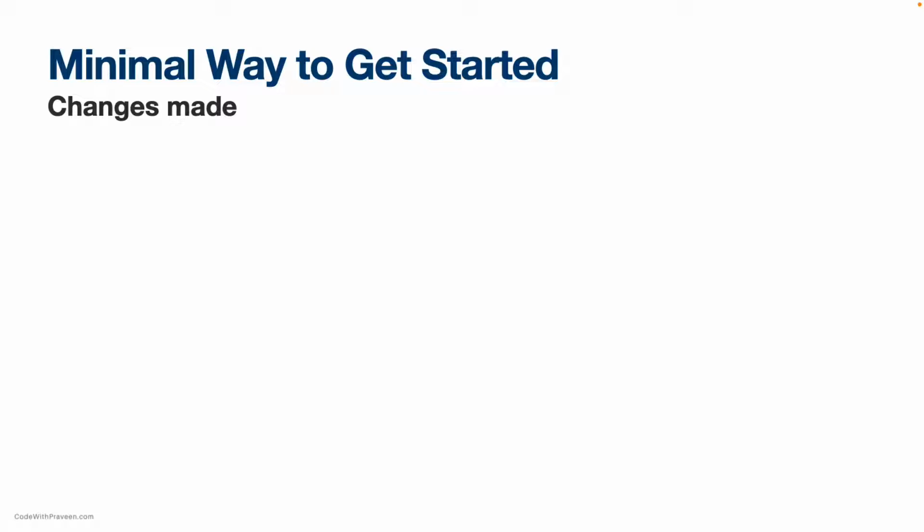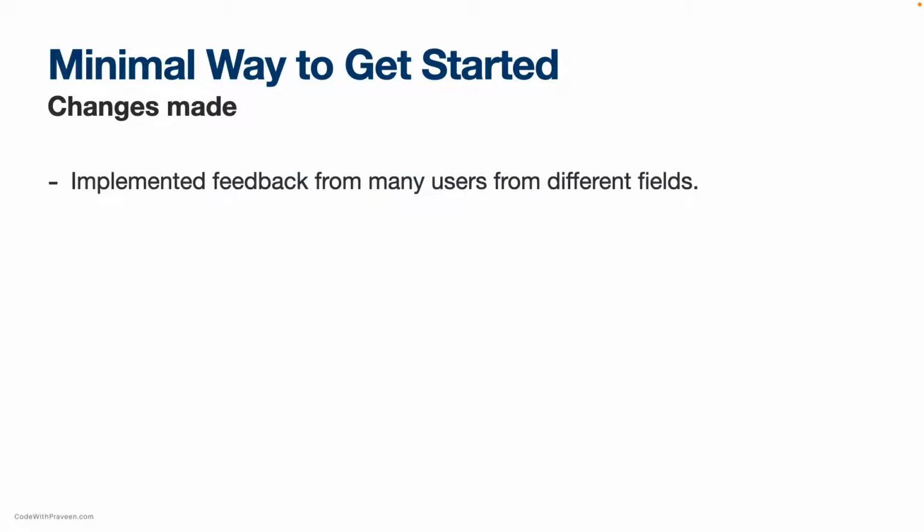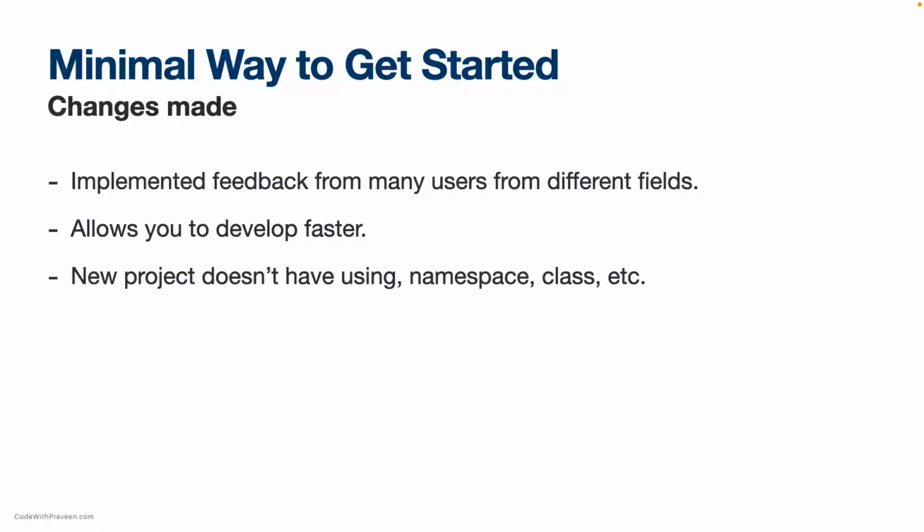Let's see some of the changes made to support the minimalistic way to get started. Microsoft has implemented feedback that has been received from many programmers coming from various different fields. Based on this feedback, they have improved all the coding constructs to make them develop at a faster rate. This helps them to develop applications more easily by getting started with a minimal set of coding constructs.